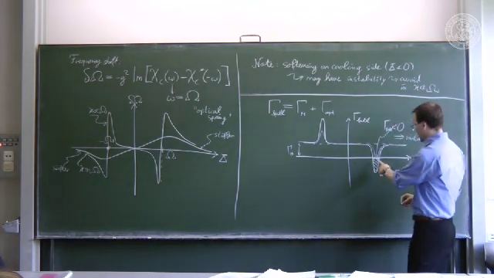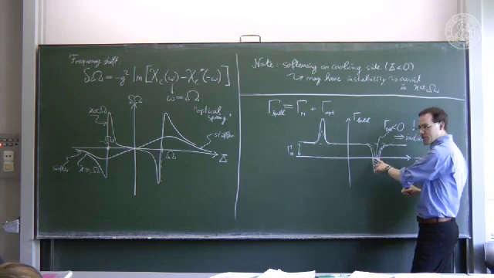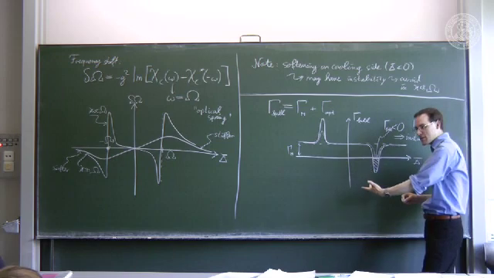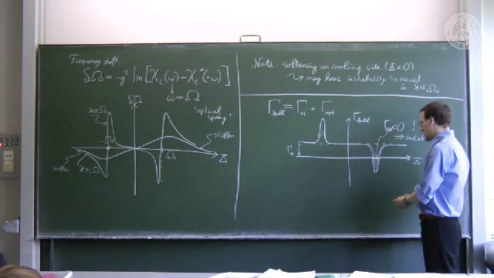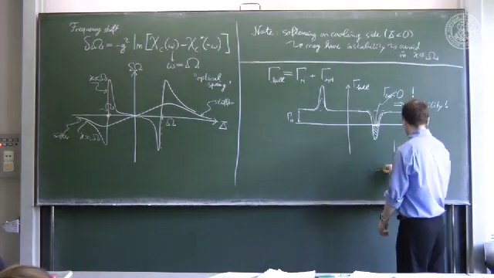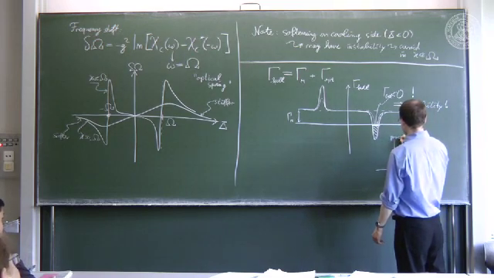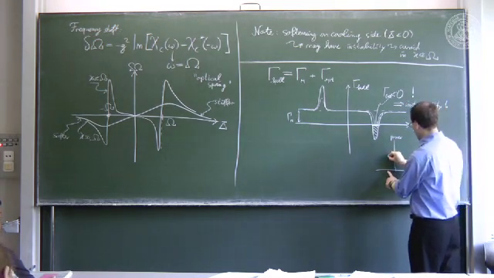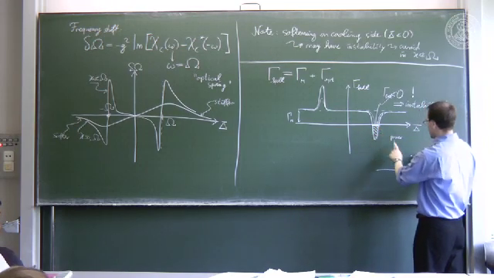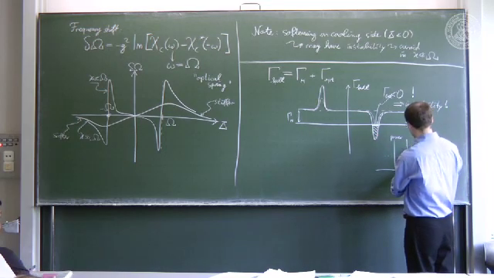And maybe in this particular plot I chose, I would only have a tiny region of instability left, and if I reduce the laser power even further, then I will have no instability. So that means in the plane of detuning versus power, there will be a threshold in the power at which I get the first hint of the instability, and then I will have a growing region of instability.